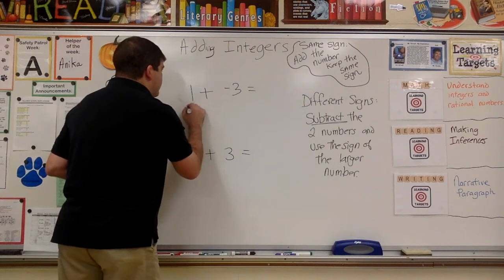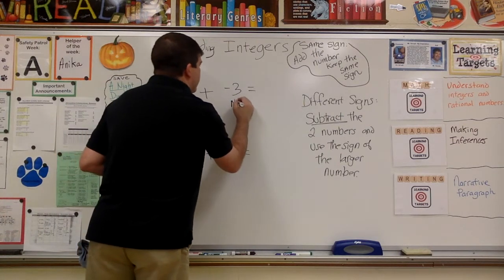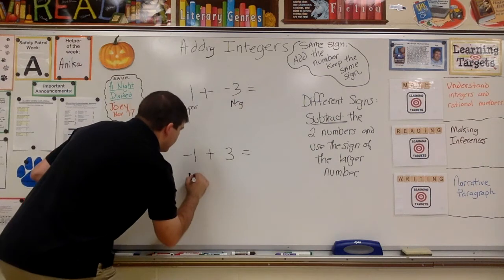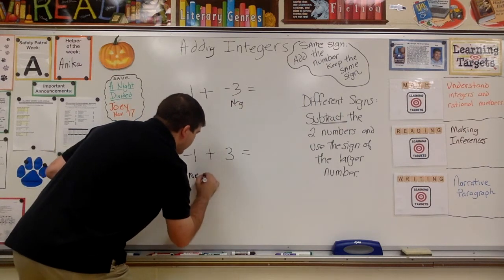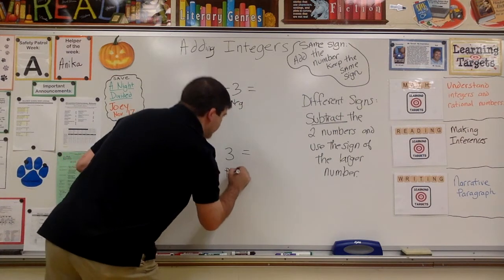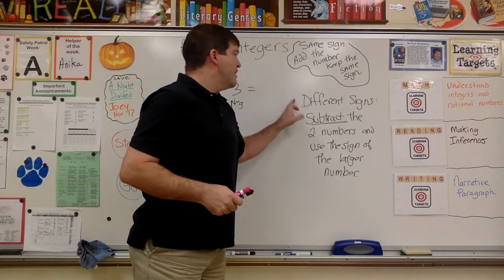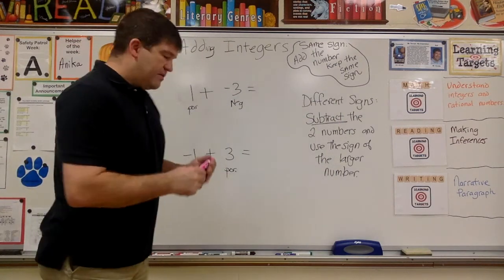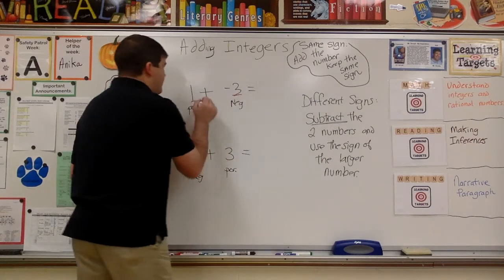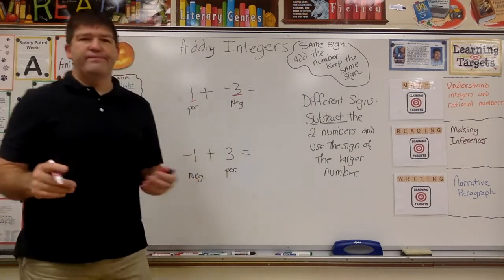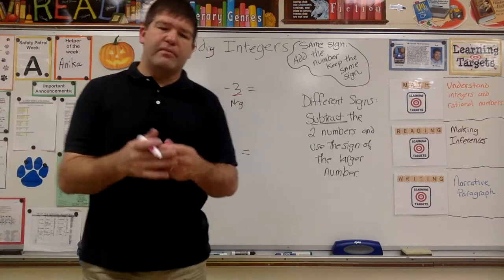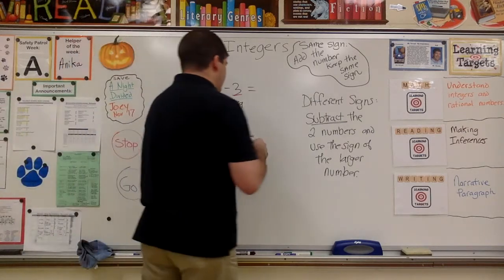So I have a positive here, and I have a negative here. And this one I have a negative, and I have a positive. So I'm dealing with different signs, adding with different signs. So I take my digit, I have a 1 and a 3. I'm going to take the 3, take 1 away, it leaves me with a 2.